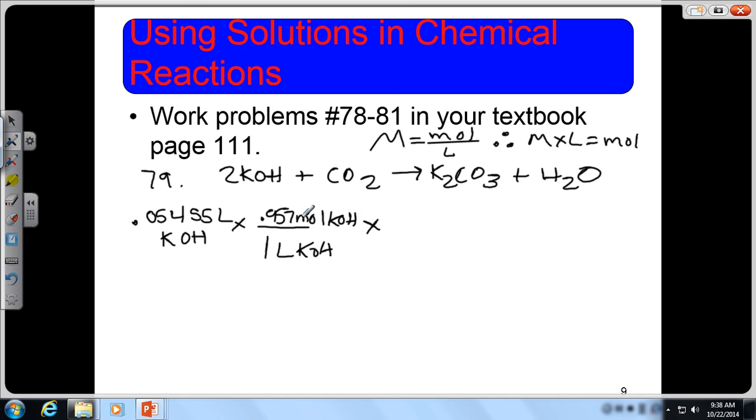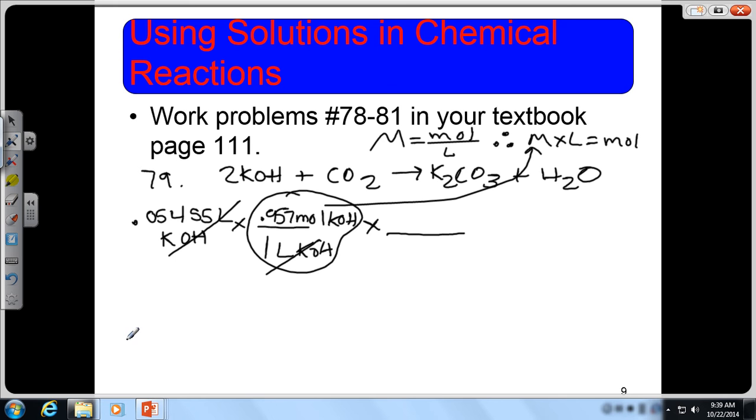I'm just showing the units written out as moles per liter so you see how it cancels. All that is the molarity, just written out as moles per liter. So I take the volume times the molarity, and now I'm in moles. So we've gone from liters to moles.